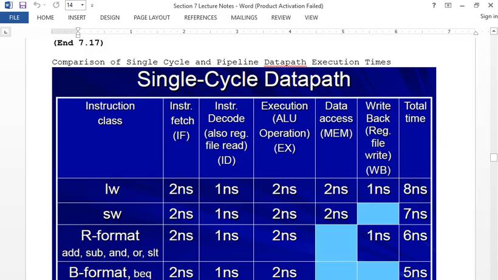Store word doesn't write back to the registers, so it only takes 7 nanoseconds. R type doesn't access data memory at all, so it only takes 6. They have B format in this table, which is branch not equal. It would take 5 nanoseconds because you're not accessing the data memory and you're not writing to the registers.